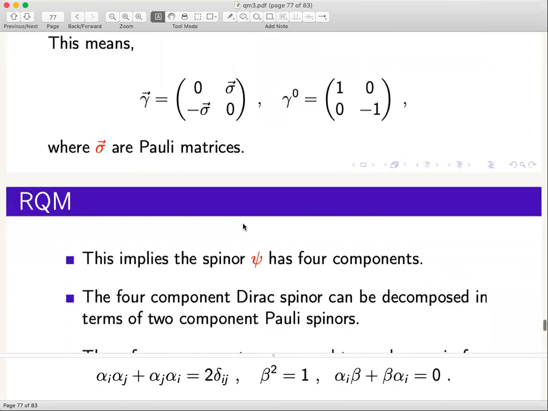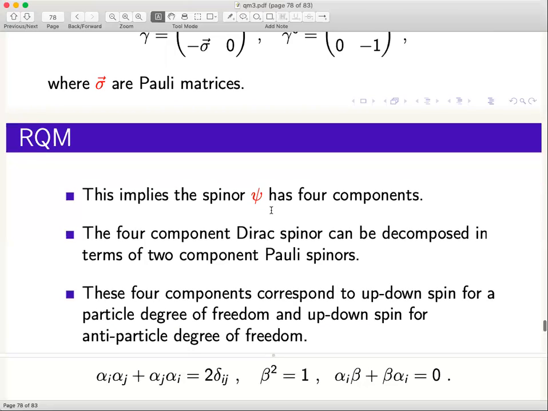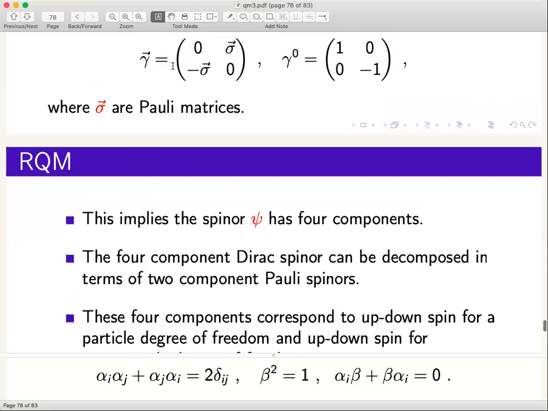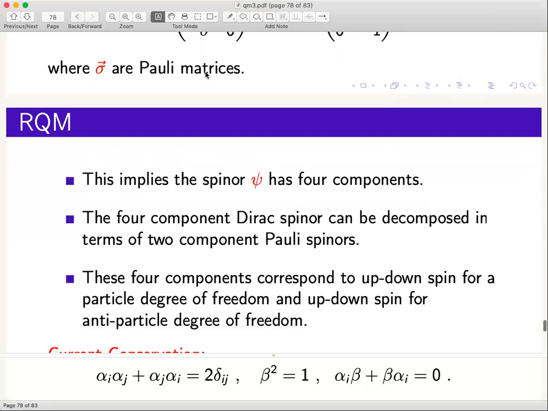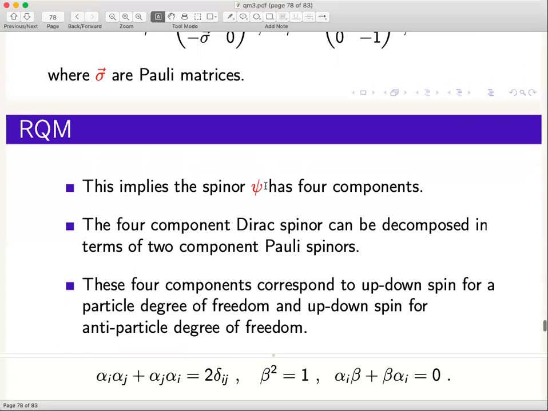Good. Now, given that the gamma matrices, or alpha and beta matrices, are written as 4 by 4 matrices, it is natural that the spinor psi would have 4 components. This 4 component spinor can be written in terms of 2 component Pauli spinors.